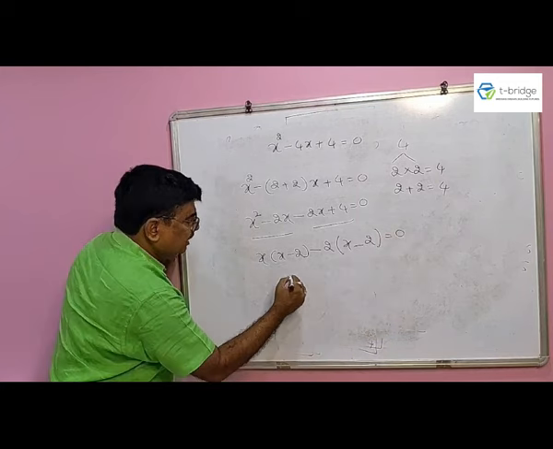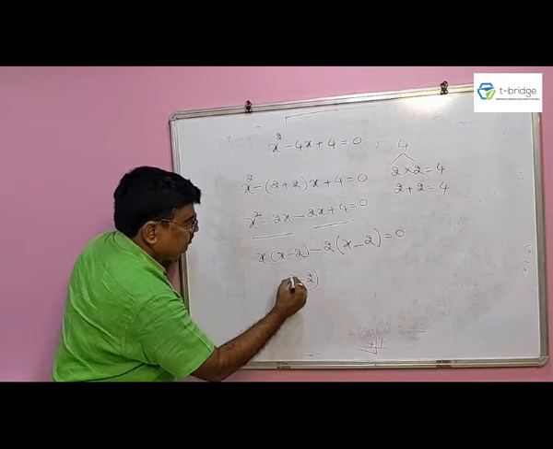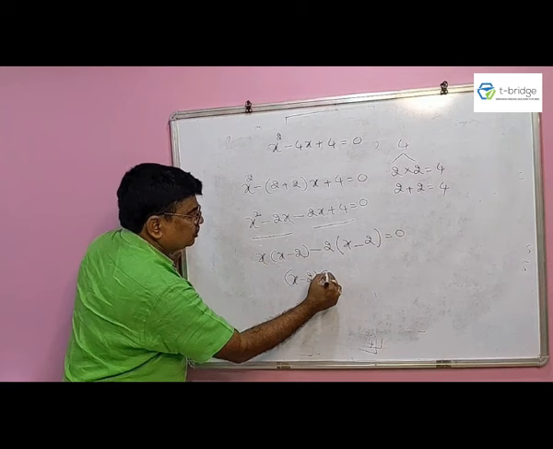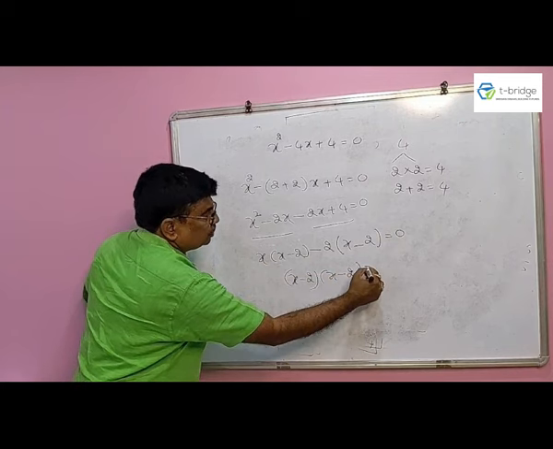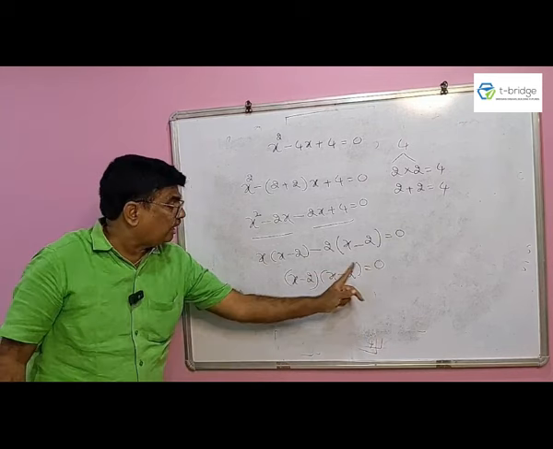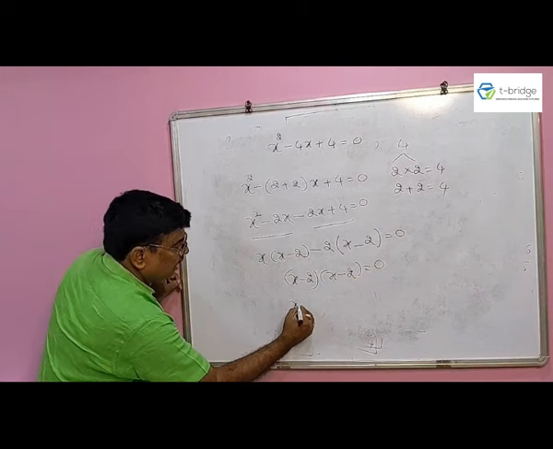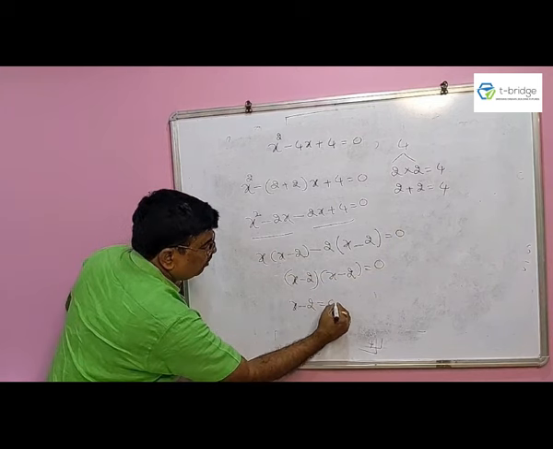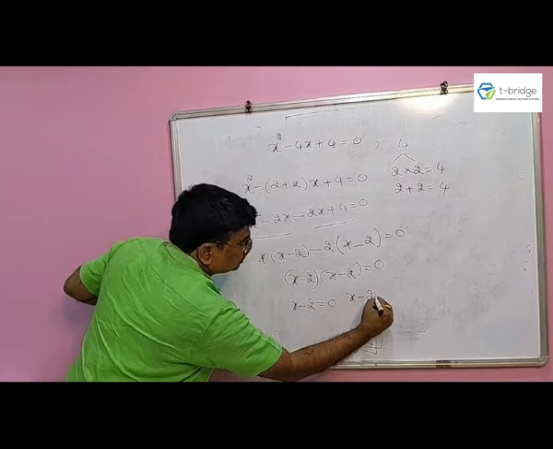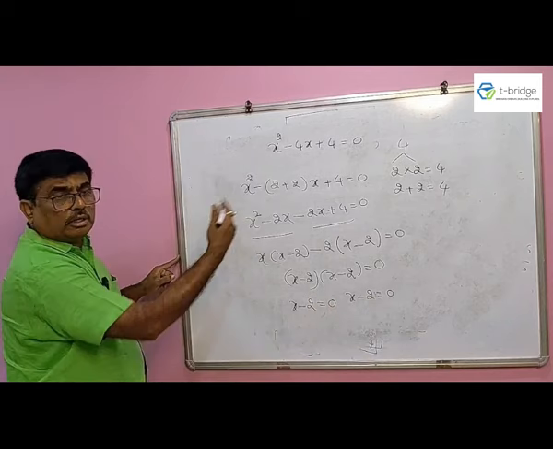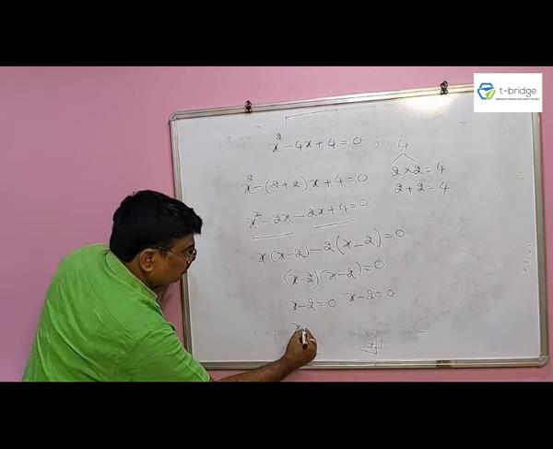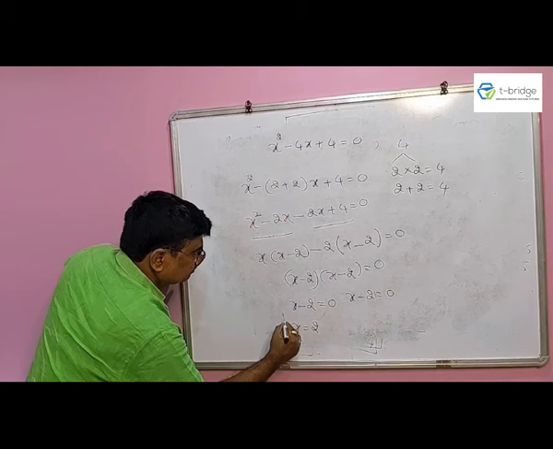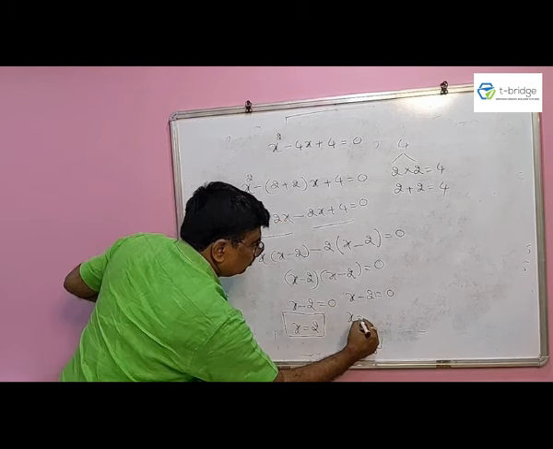Take out x minus 2 as common. Left in the bracket x minus 2 only, equals 0. Now equate each bracket to 0: x minus 2 equals 0 and x minus 2 equals 0. Transfer the constant to the other side: x equals 2 and x equals 2.